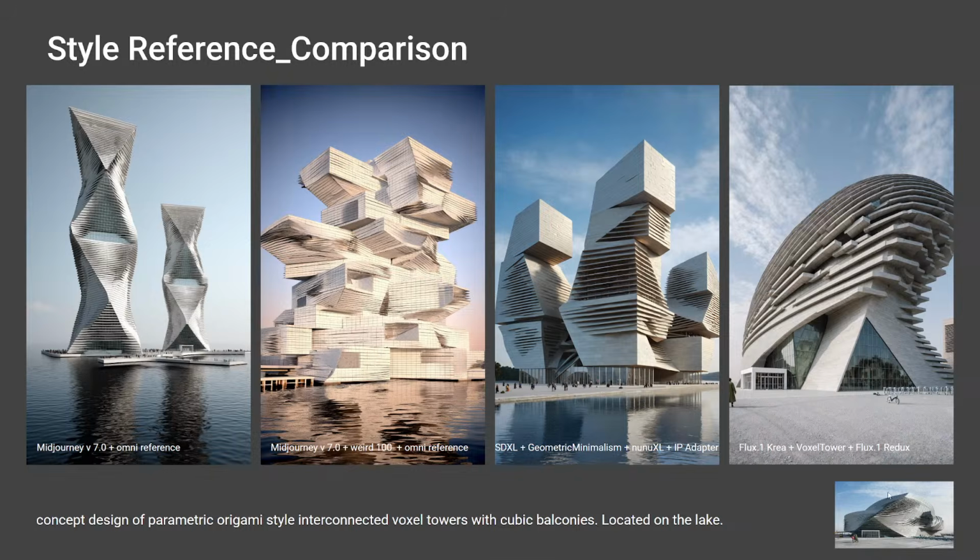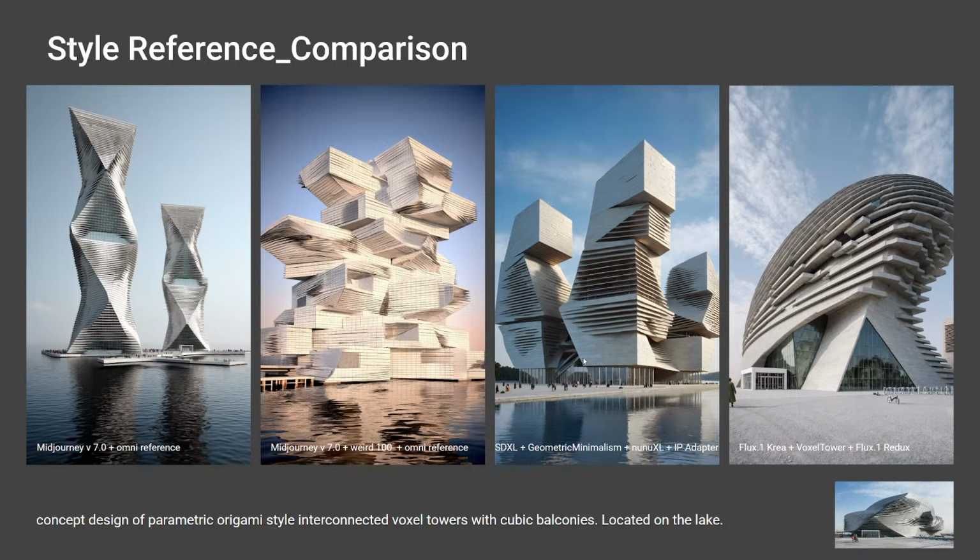So if you need a vertical building from a horizontal one, it's not fully working for SDXL and Flux, especially for Flux. So Flux is not a good model for such a task, I would say.